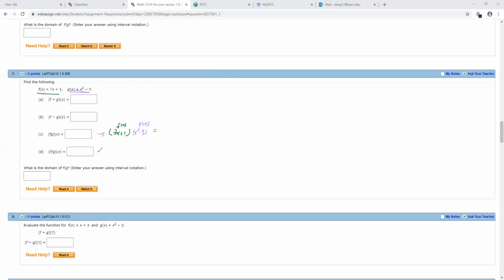So let's see, there's two terms here and two terms here, and we just multiply it out. Pretend I'm covering up the plus 1, and we're going to multiply 7x times these two.